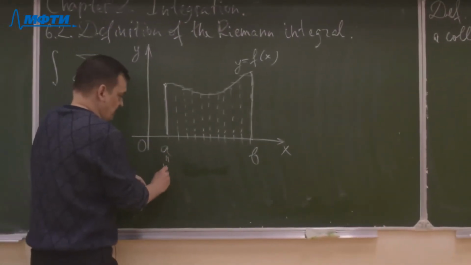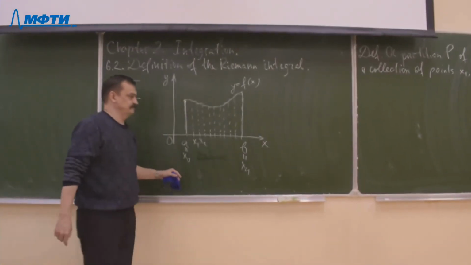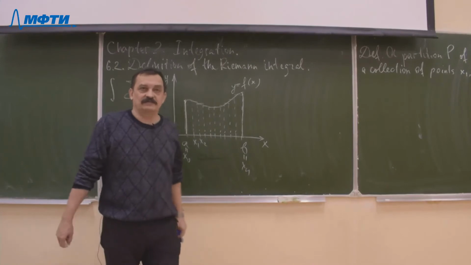So that is x naught, x1, x2, and so on, xn. So that is a partition.